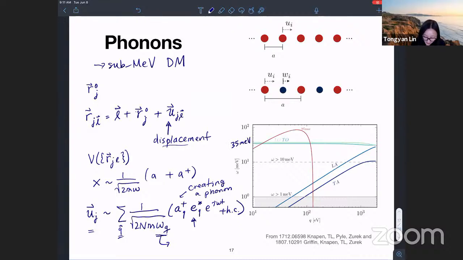And they can go higher, up to 100 meV. It's really because of those energies that we focus on sub-MeV dark matter, because these are pretty low energy excitations. So they're likely to be more optimal for sub-MeV dark matter.